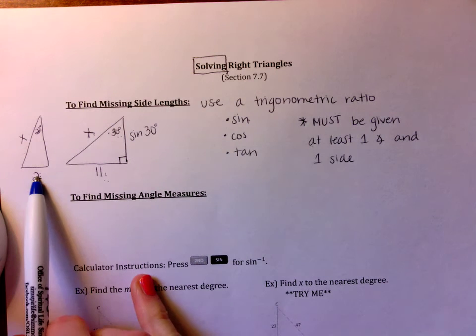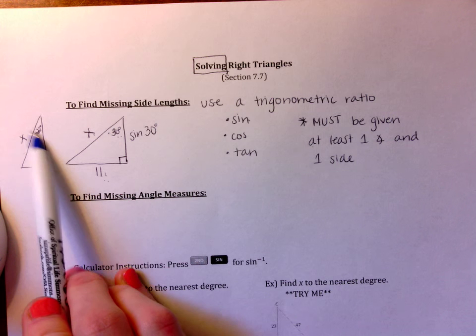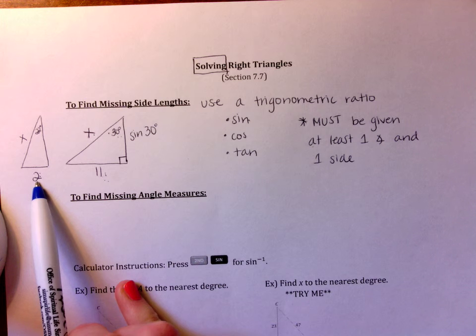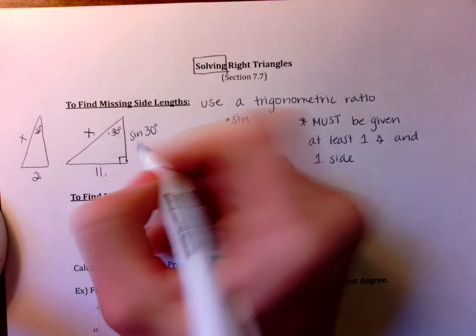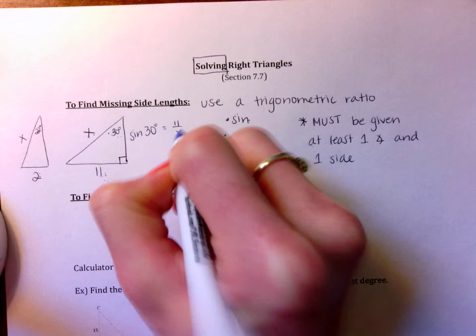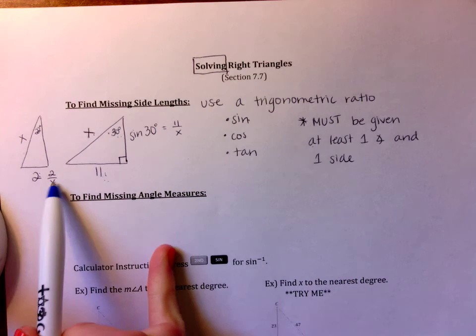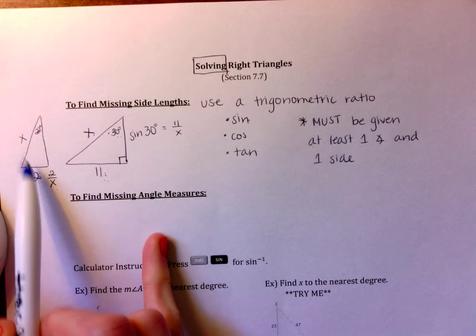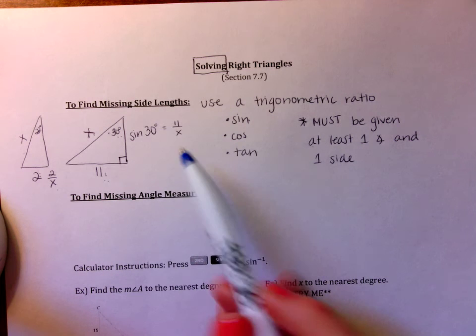And you could see how if we're doing sine of a smaller angle, the opposite, the numerator of sine, would be lower than in this one. This one would be 11 over x, and this one would be 2 over x. So this fraction will be smaller because we're comparing these two sides, and this is a smaller side. Okay, so that's to find missing side lengths.